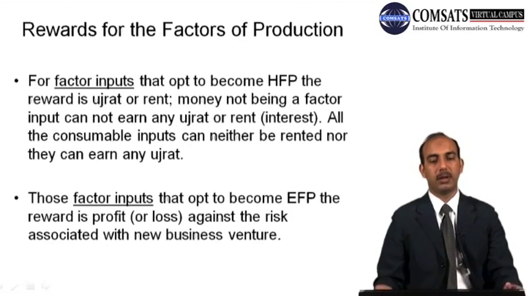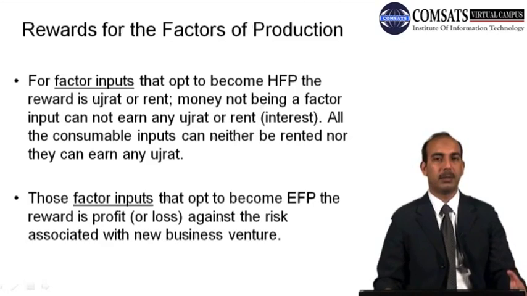And discussing the reward for the factors of production: for those factor inputs that opt to become a hired factor of production, the reward is ujrat or rent. Money, not being a factor input, cannot earn any ujrat or rent. So that's the difference here. The monetary resources under the conventional economic system earn interest on it, which we know as the cost of capital.